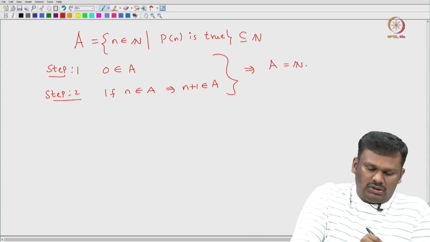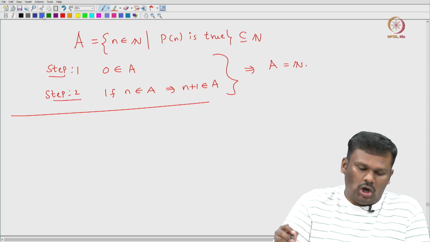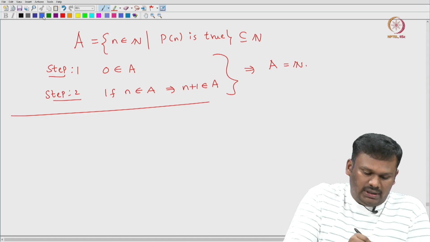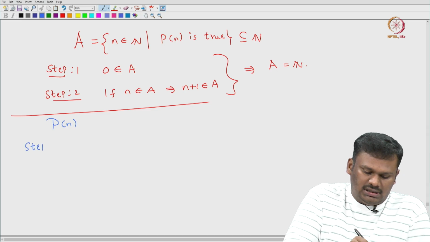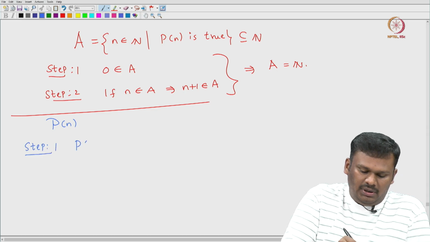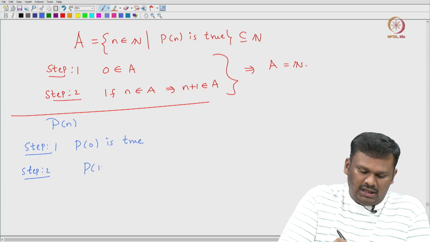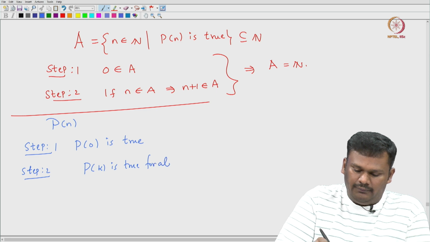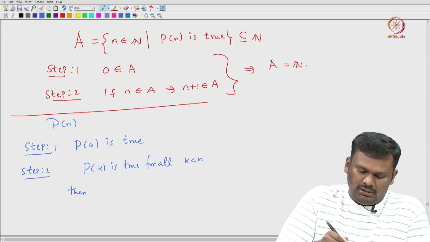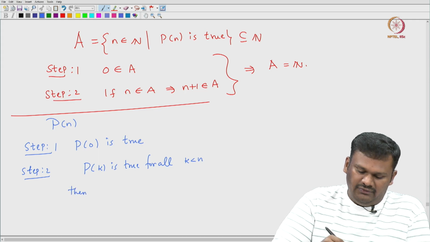When we are dealing with strong mathematical induction, we again have the statement P of n. As a first step, we verify whether P of 0 is true or not. As step 2, we assume that P of k is true for all k smaller than n.